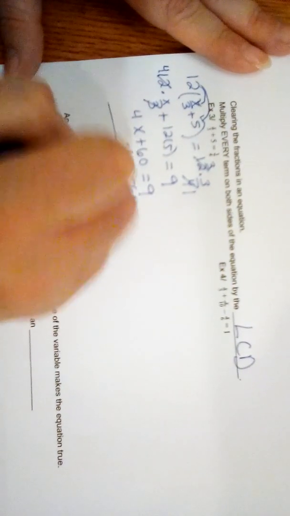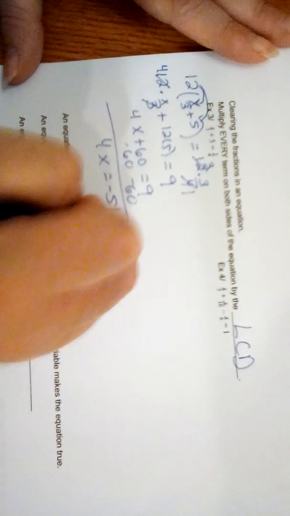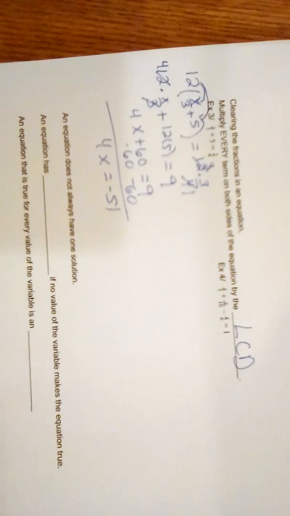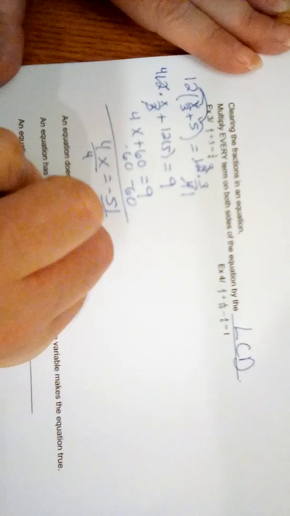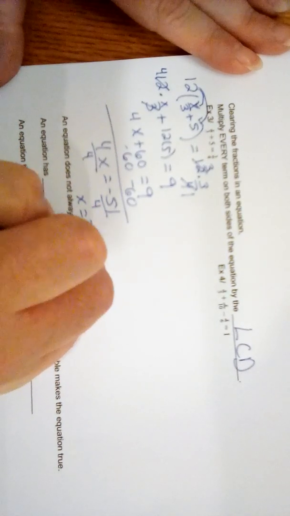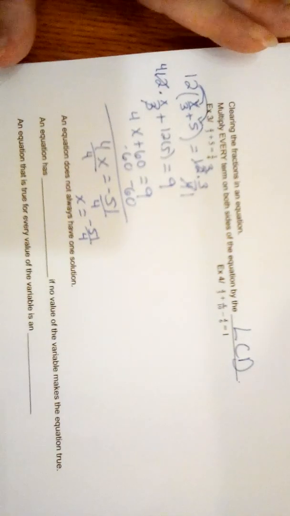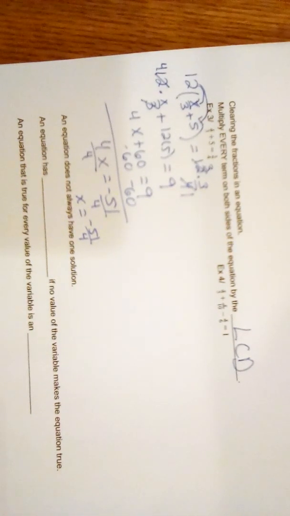So that gives me 4x is equal to negative 51. And then to get rid of the 4, we're going to divide by 4. Okay, so negative 51 over 4. Okay, it does not have to come out a nice, pretty answer. Okay, it can be a fraction, and that's fine.